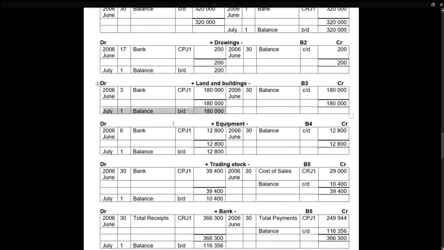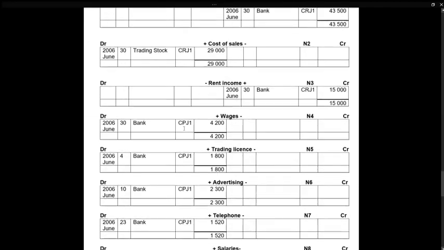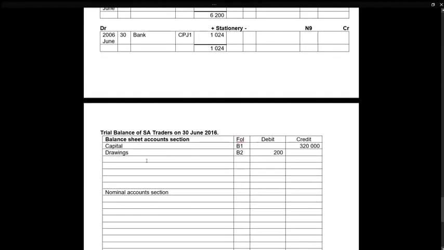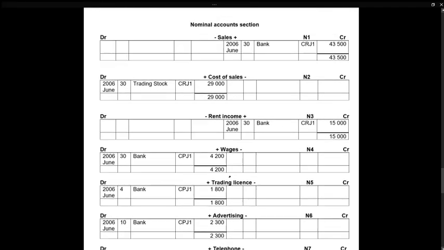Debit balance of 180,000 Rand. Let's go and fill that in. Land and buildings folio was B3. Debit balance of 180,000 Rand.